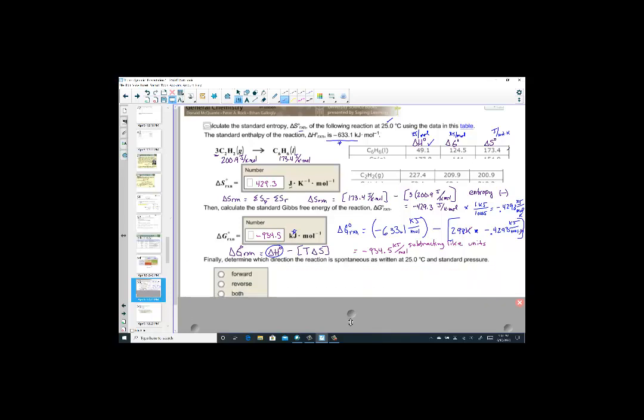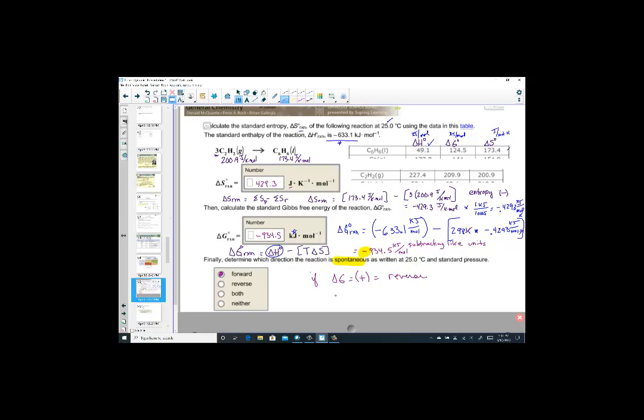Now notice this actually showed a negative Gibbs free energy. See that negative sign? So that reaction comes out to be spontaneous in the forward direction. If delta G came out positive, it would be spontaneous in the reverse direction.